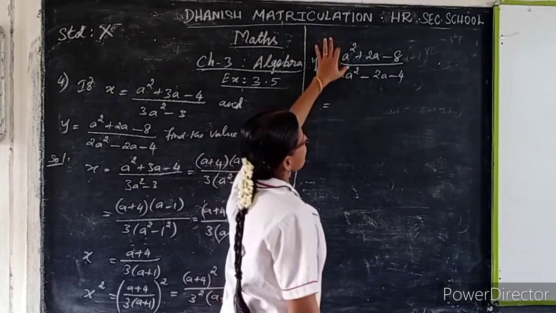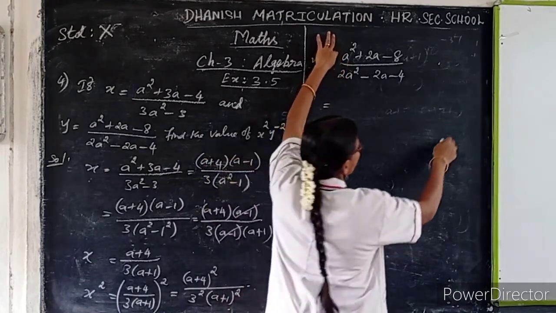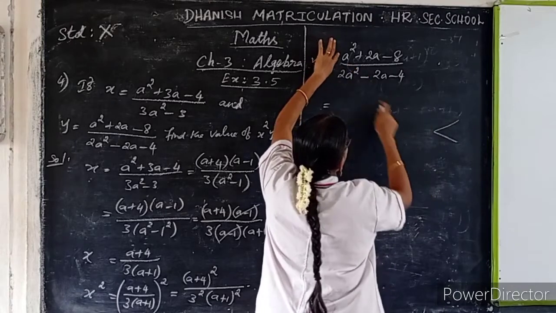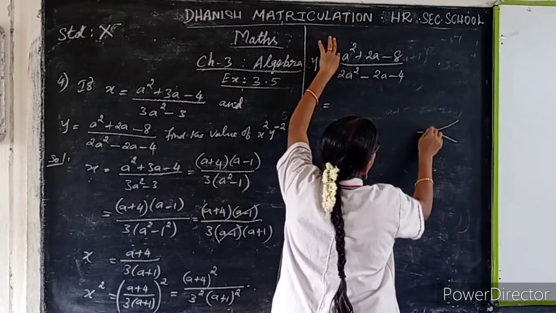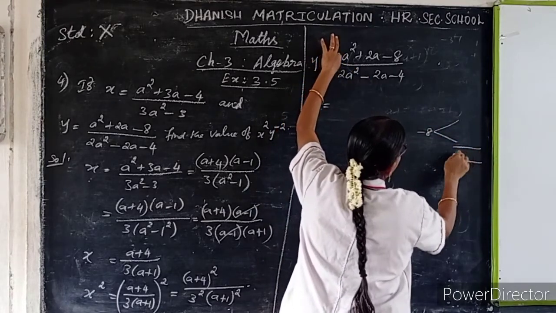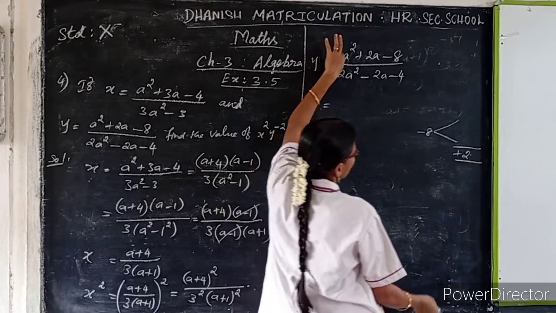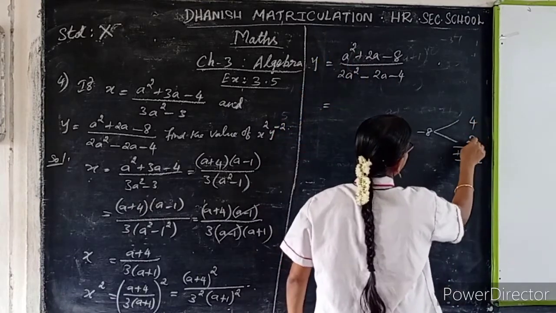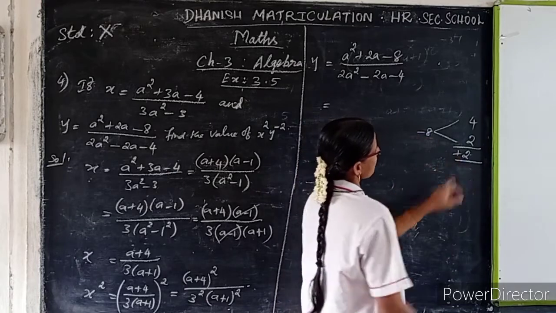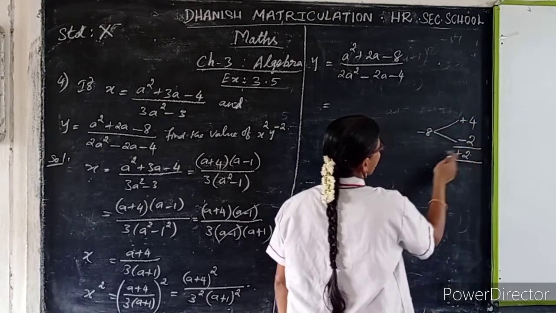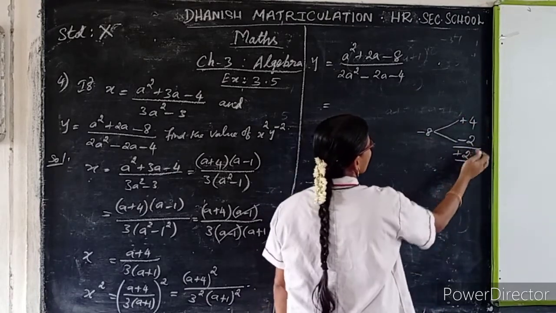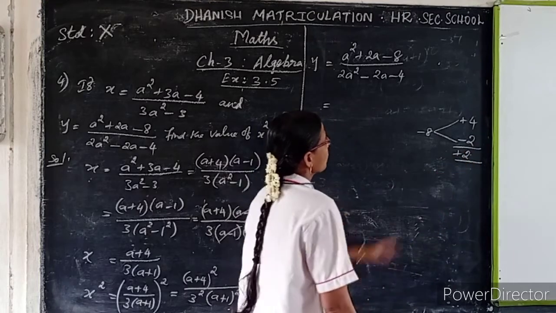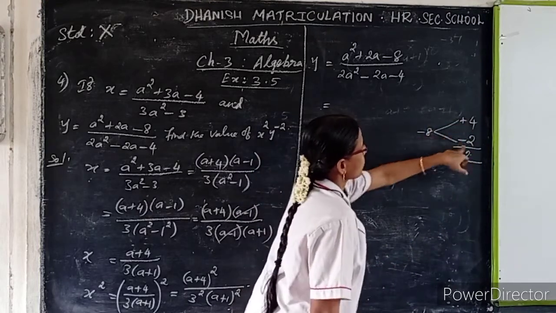The numerator is a quadratic. By factorization, here minus 8: 4 twos are 8, minus plus means greater number plus, smaller number minus. 4 minus 2 is plus 2, plus into minus is minus, 2 fours are 8.